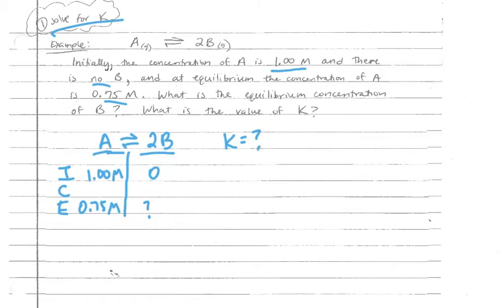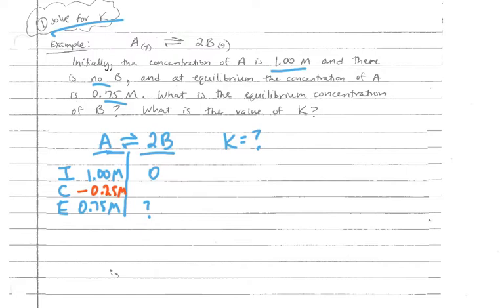Well, let's start with the table. If we know two values in a column, we can solve for the third, because equilibrium is just the sum of the initial and change. So if we initially had 1 molar and at equilibrium had 0.75, that means we went down by 0.25 molar.